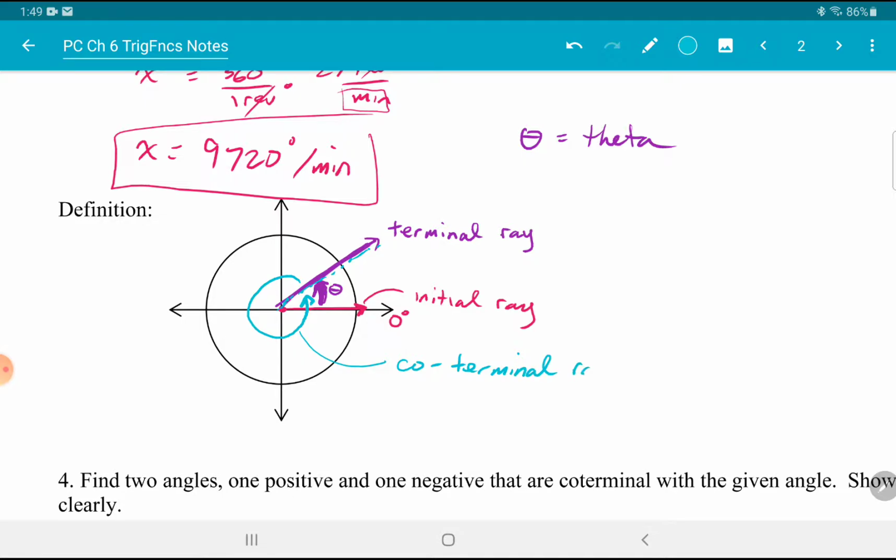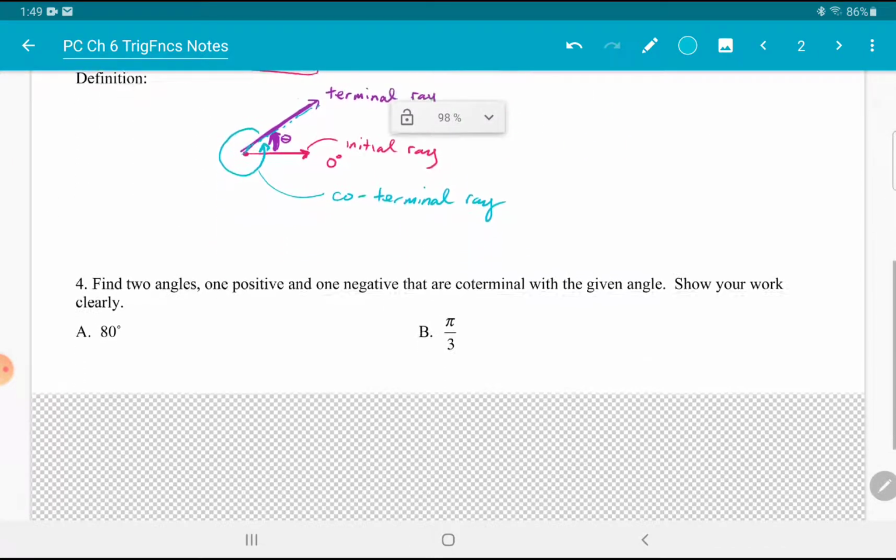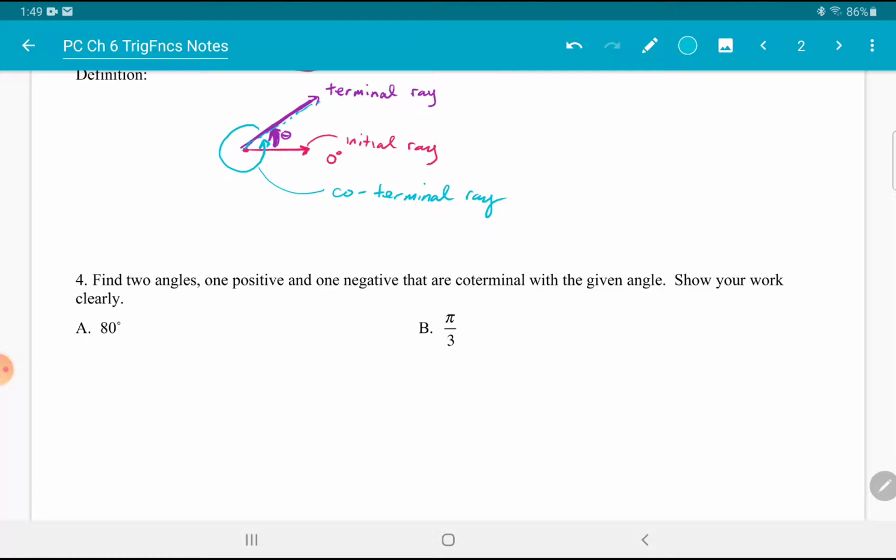So a coterminal ray is where you end up at the exact same position, but you've gone around a full revolution. Okay, so those are the three definitions we're going to need for our next few examples.